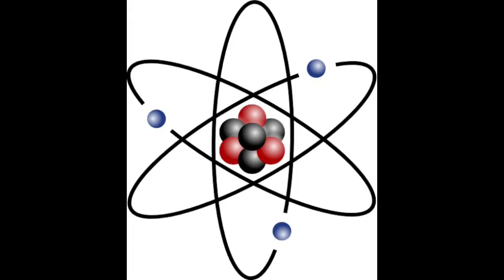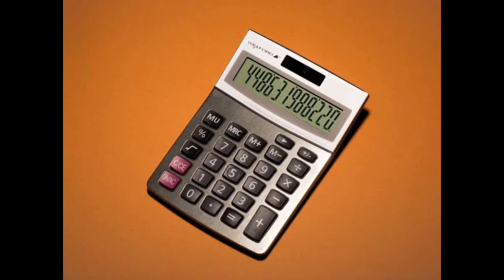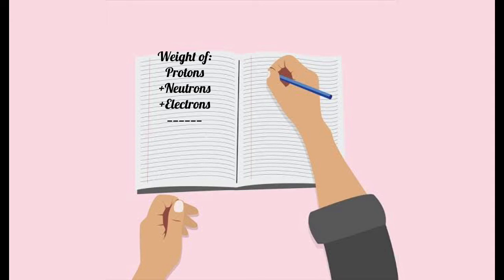The neutron and proton each have the mass roughly equivalent to 1 AMU, while electrons have much less, at roughly 1,000th of an AMU. Now, to actually calculate the atomic mass of an atom, you take all the mass of every particle present inside that atom and add them up. Then you get the atomic mass.